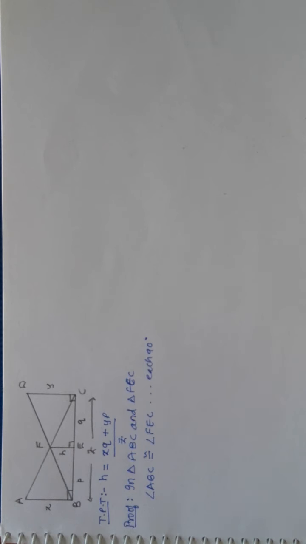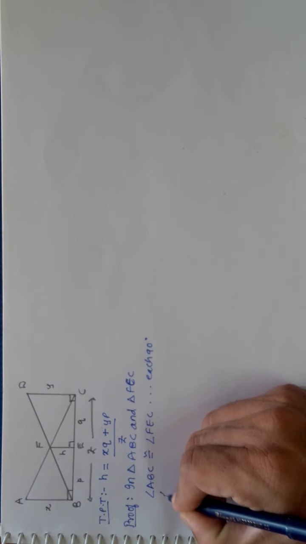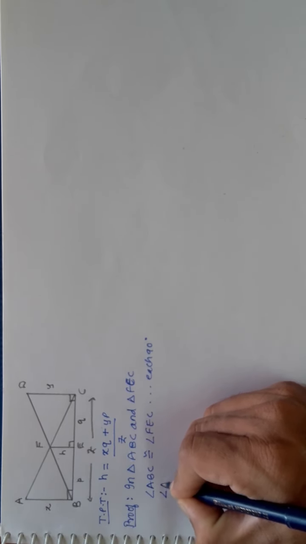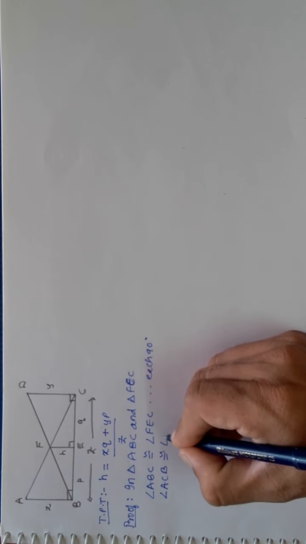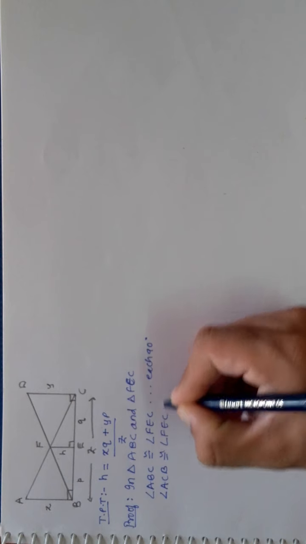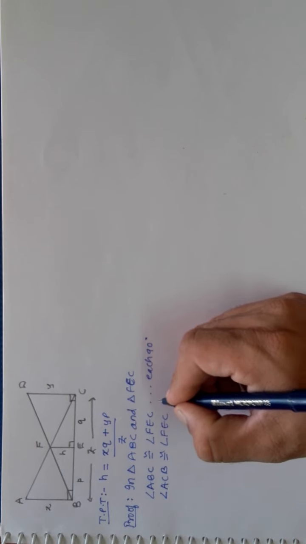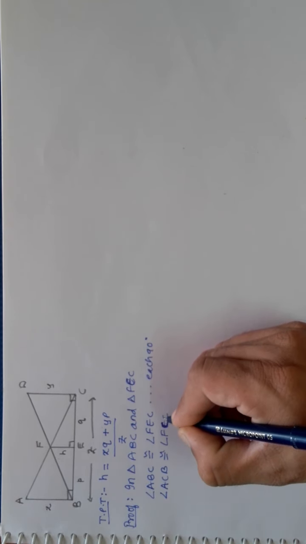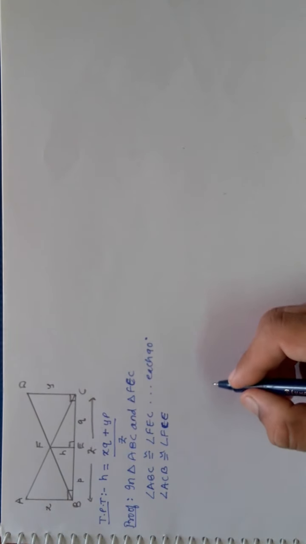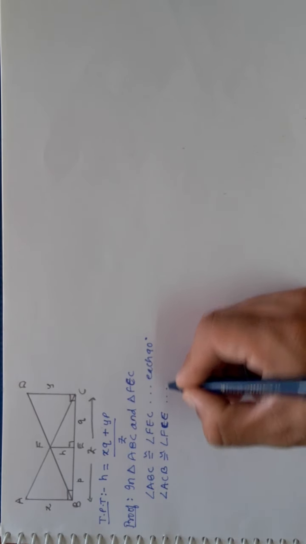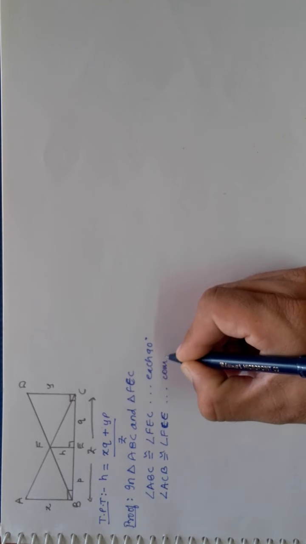You can also show it using corresponding angles, because perpendiculars are drawn on the same line, so they are parallel, but that will be a long procedure, not required. So you get angle ACB congruent to angle FCE. Even if the names are different, they are the same angle.